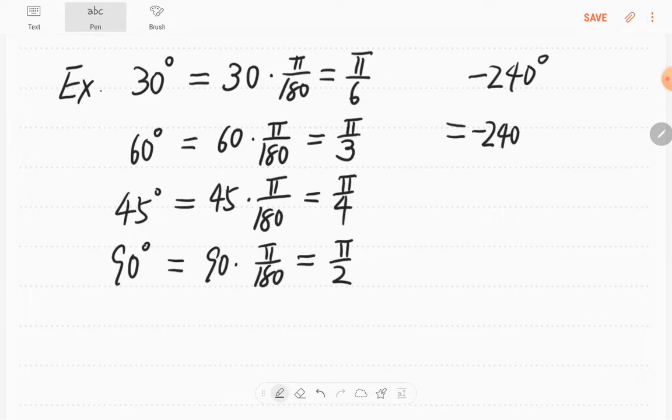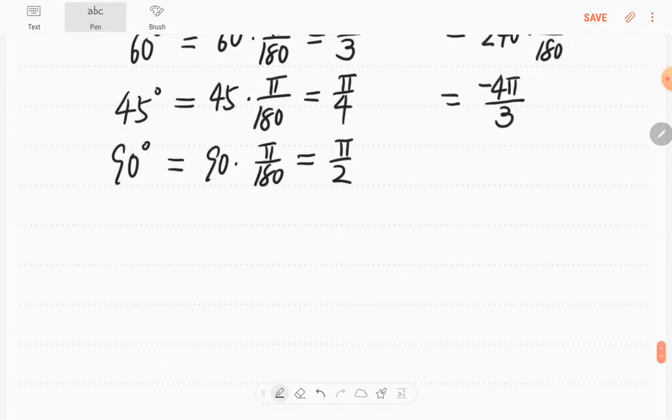Each 1 degree equals pi over 180. So if you simplify, it would be negative 4 pi over 3. So this is from degrees to radians.